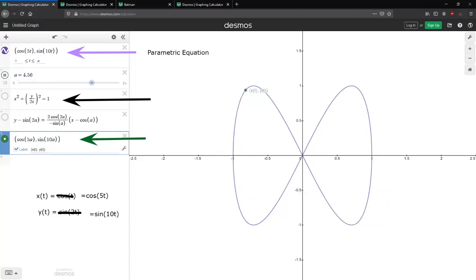So why is it that this parameterization gives me the same curve in blue that I started this whole process with? Well, if I square my x, I'll get cosine squared of 5t.